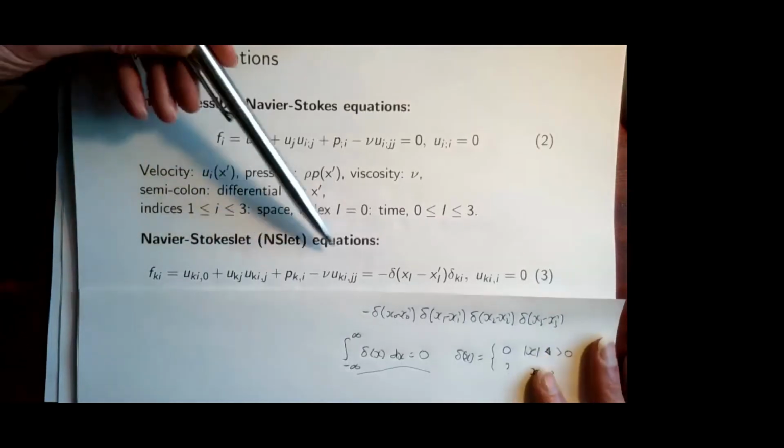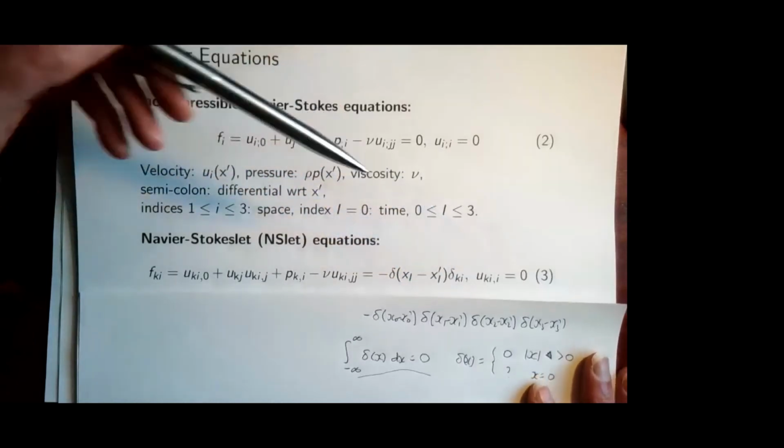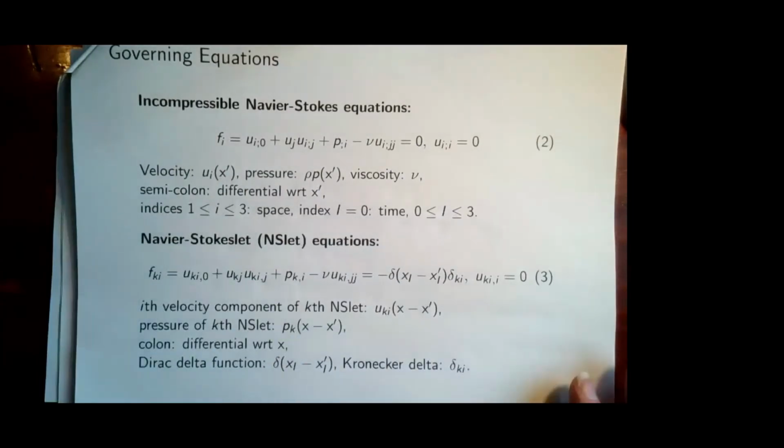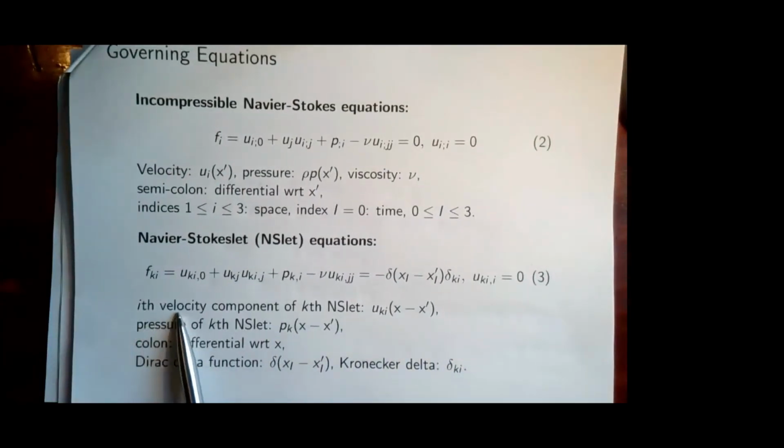That's the Navier-Stokeslet that's used, and the solution and the equations for it. This is the ith velocity component of the kth Navier-Stokeslet, and the functions themselves are functions of x minus x prime. So it's as if we've got a Green's function positioned at x prime, giving an influence of the function itself at the position x away from x prime. Then here we've got a comma differential, so that should be a comma there, not a colon.